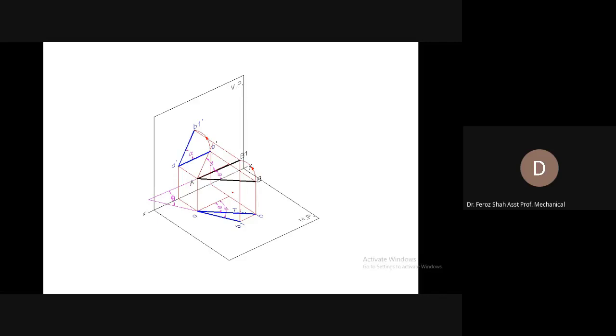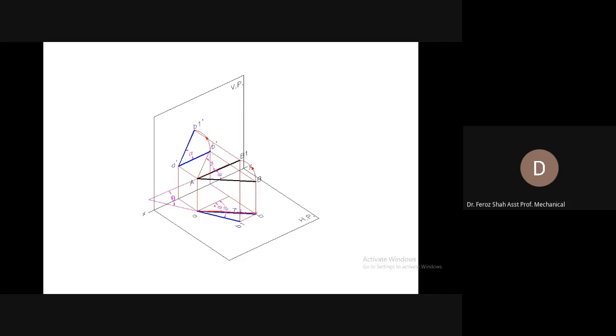When theta was 0, the top view was appearing at an angle phi, and the top view was in that case also of true length.